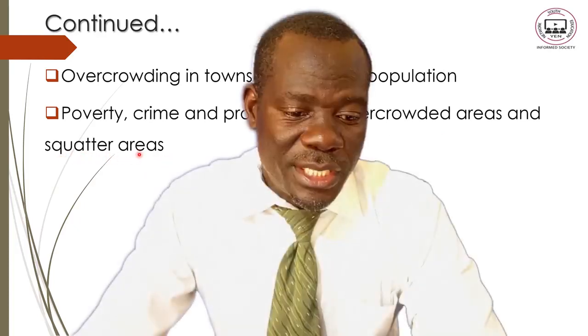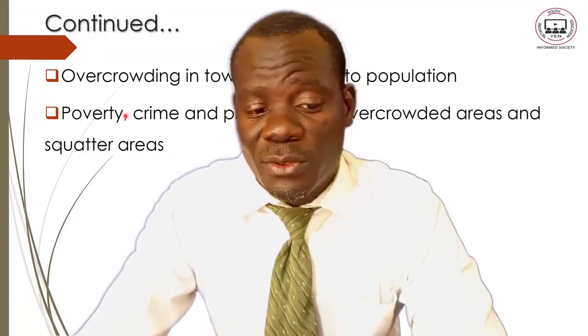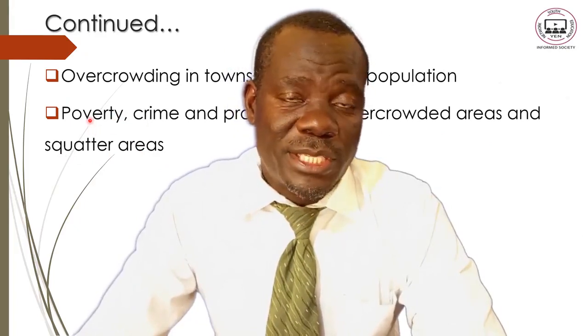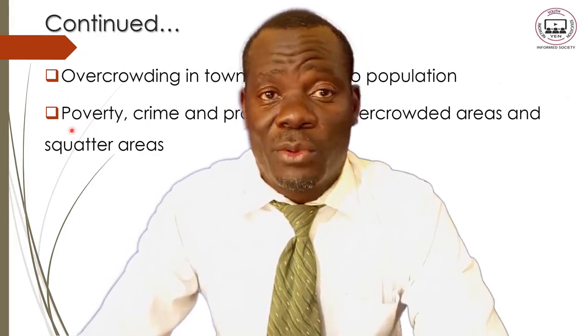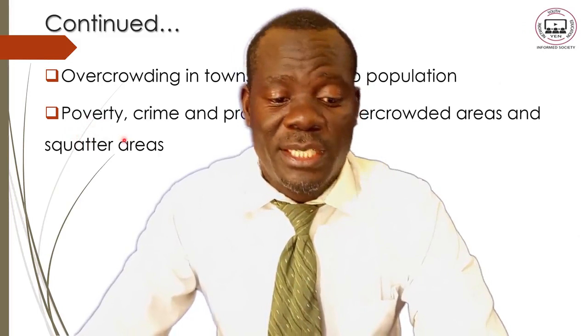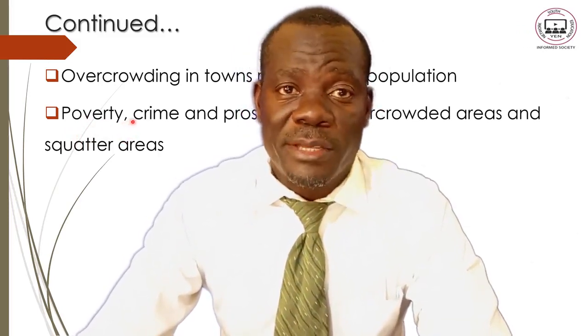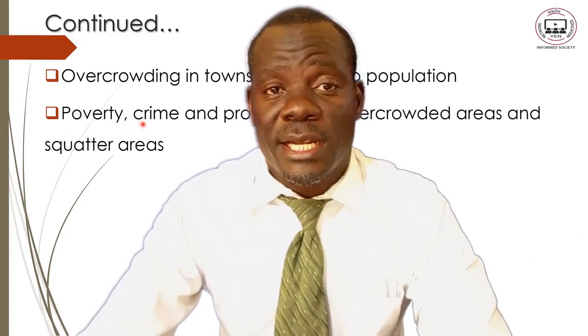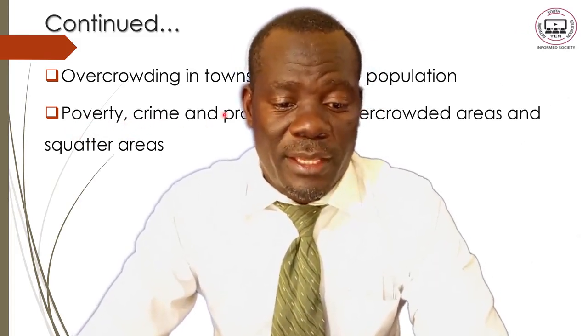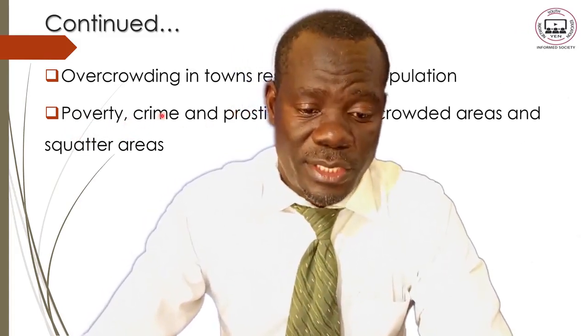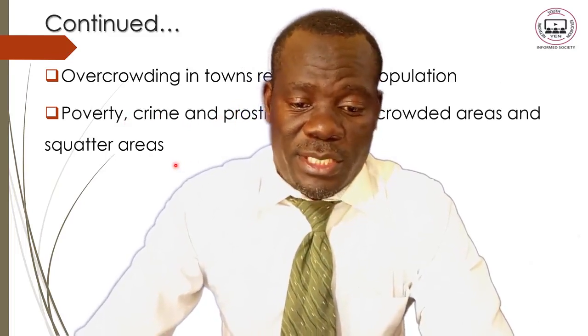Because of that overcrowding, another problem that connects to that is poverty, because there are so many people crowded in one place, scrambling for few resources. Then there is crime, thieves are there, others become prostitutes in those areas.